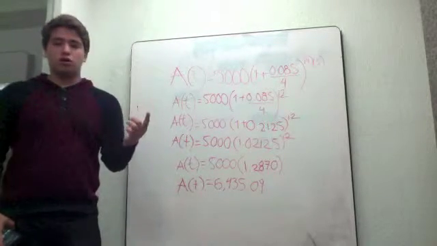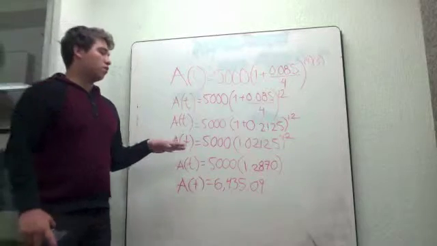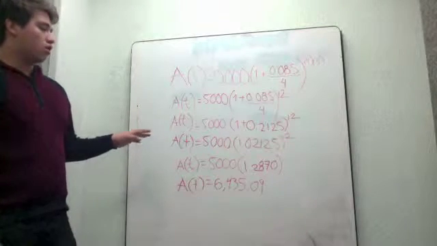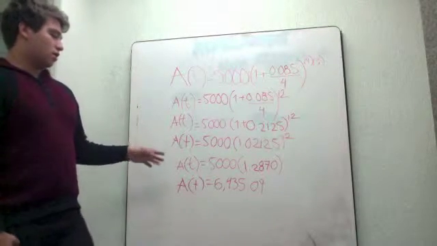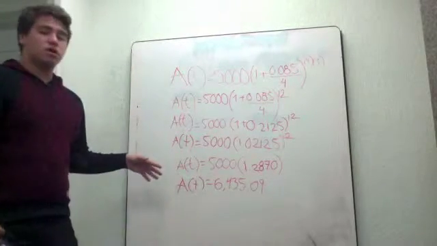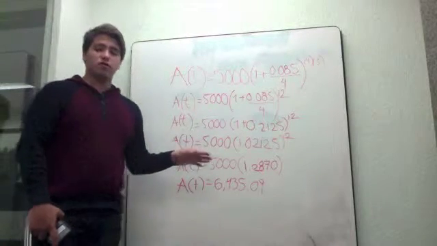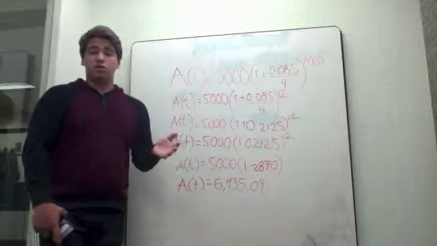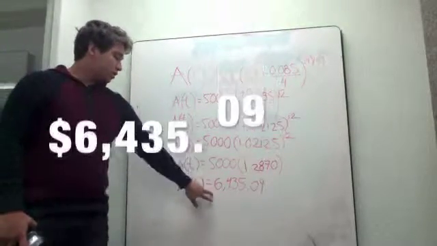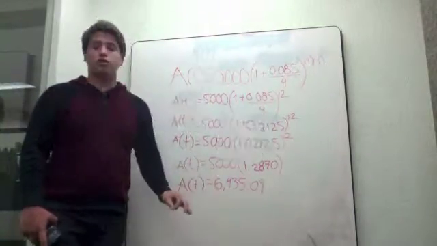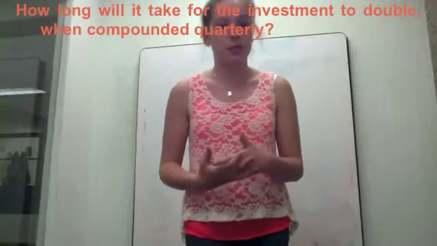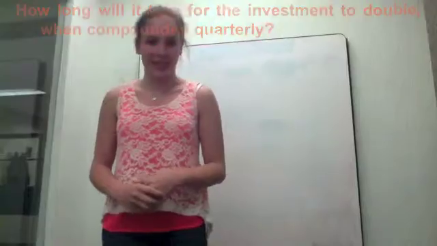Then we add 1 to that result, 1.02125, and elevate it to the 12th power, and the result is 1.2870. Then all that we multiply by 5,000, and with this we get that the amount after 3 years compounding quarterly is 6,435.09.